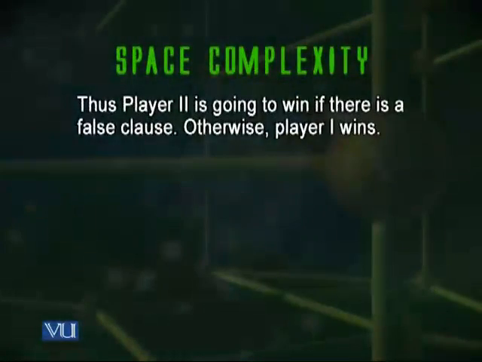This means that when they were choosing the assignment, during that part, player 1 was trying to make the formula true by choosing his variables, and player 2 was trying to make the formula false. Thus, player 2 wins if there is a false clause. Otherwise, player 1 would win.